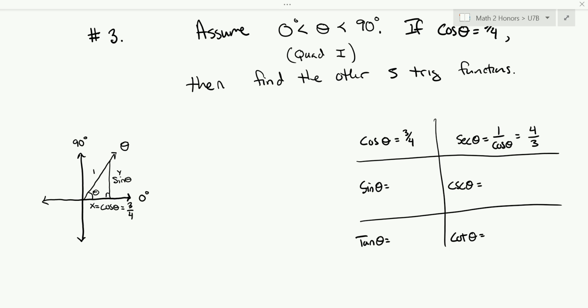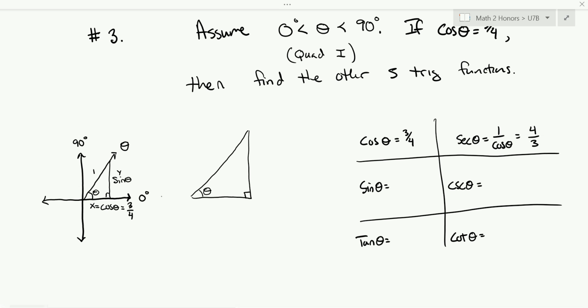But here's what I suggest. Draw a bigger version of that right triangle. Bigger version meaning it's similar. They both have a right angle and theta as an angle, but it's scaled up. And to scale up, we just multiply whatever we like. We get to pick the scale.